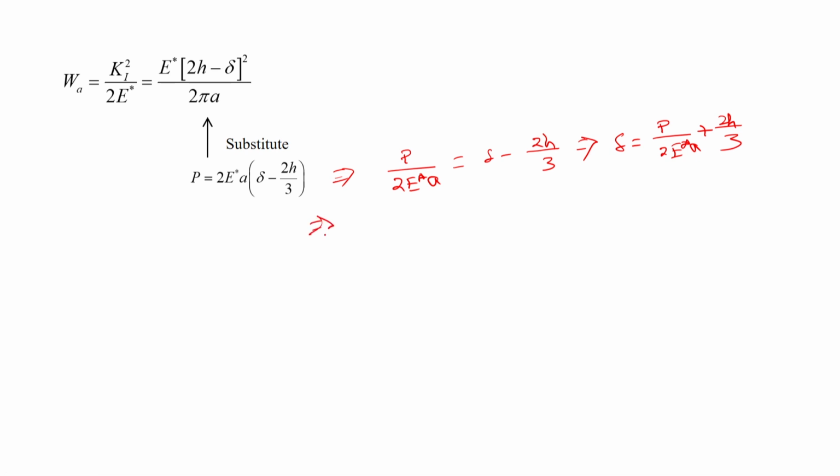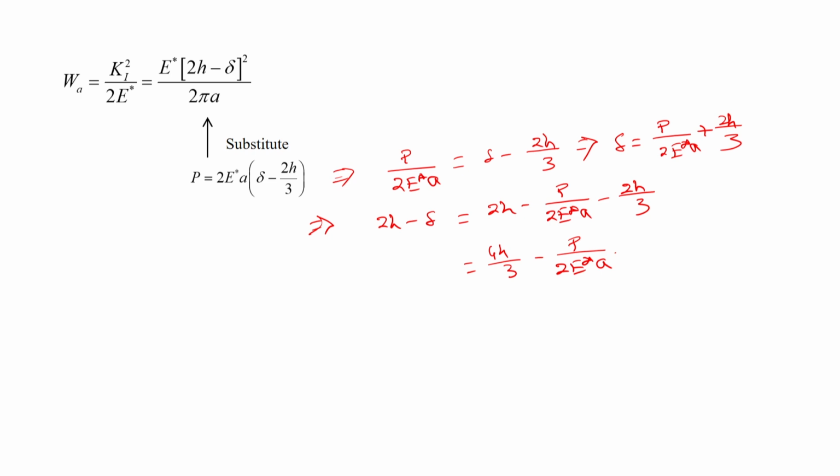So, 2h minus delta, I should have done that anyway. That will be 2h minus P by 2 E star a minus 2h over 3. So, it will be 4h by 3 minus P by 2 E star a.